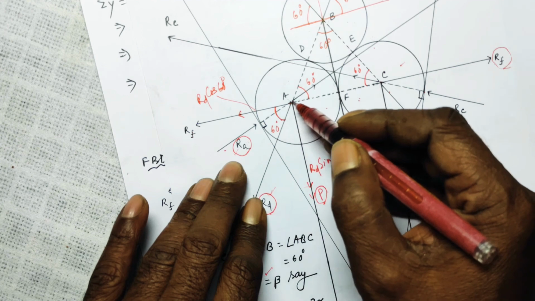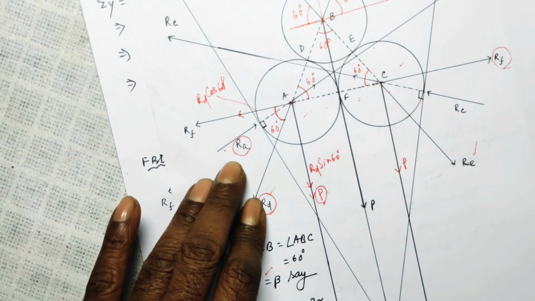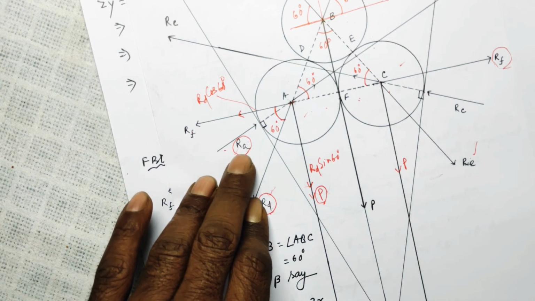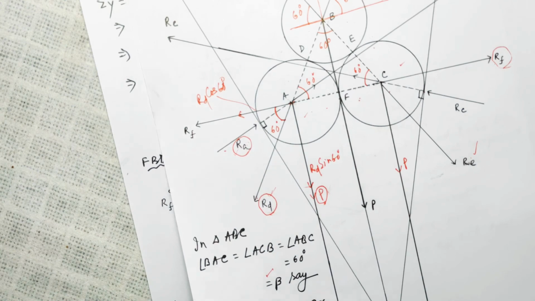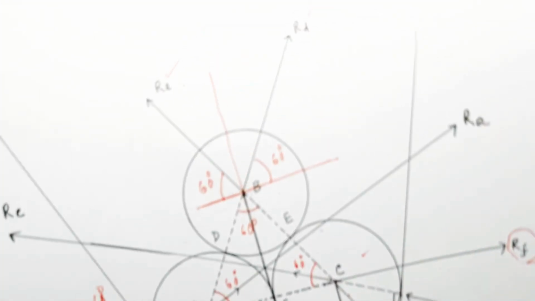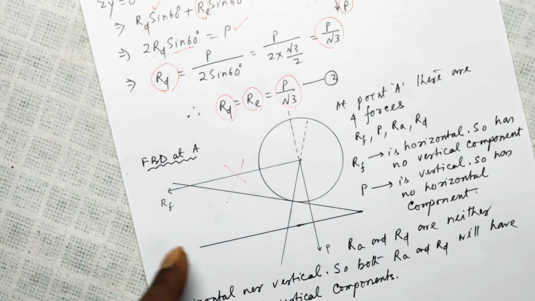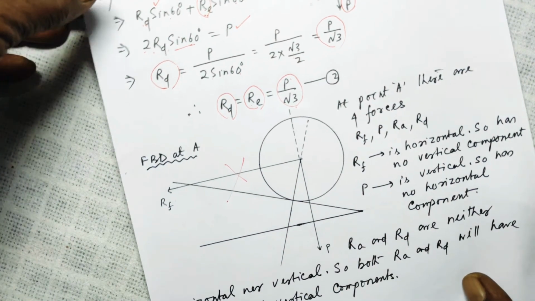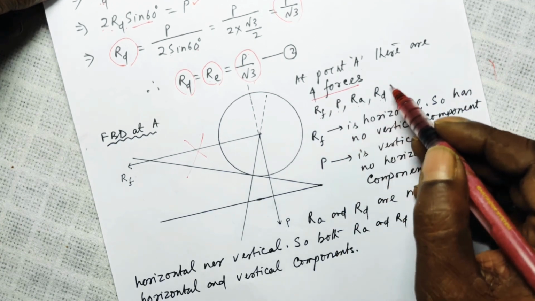This is the direction of RA. What angle it makes either with x-axis or y-axis, so that the horizontal and vertical components of RA can be found out? To do so, I have explained certain things here, which I just told you. At point A, there are four forces: RF, P, RA, RD.